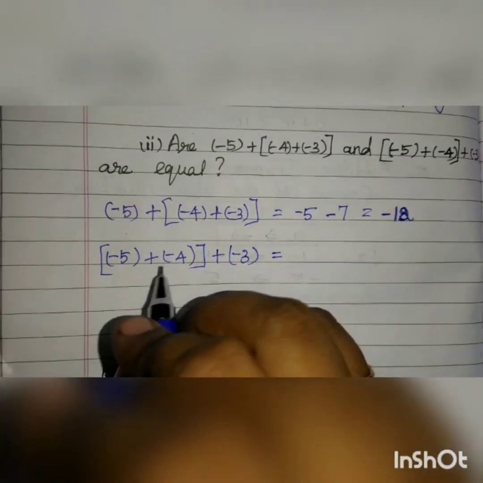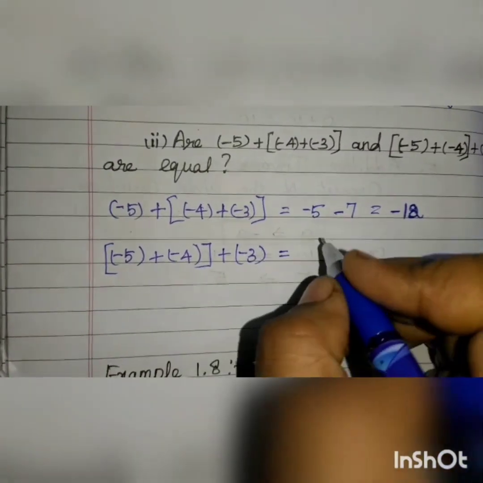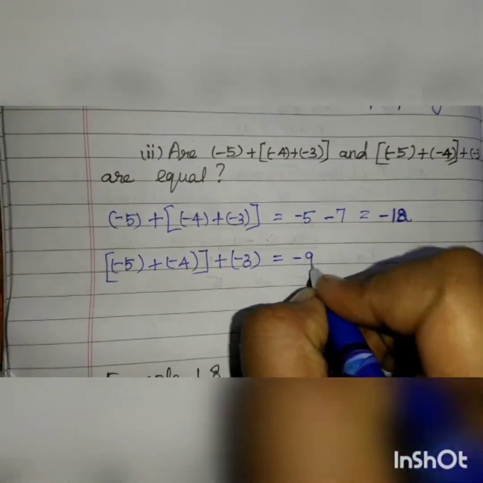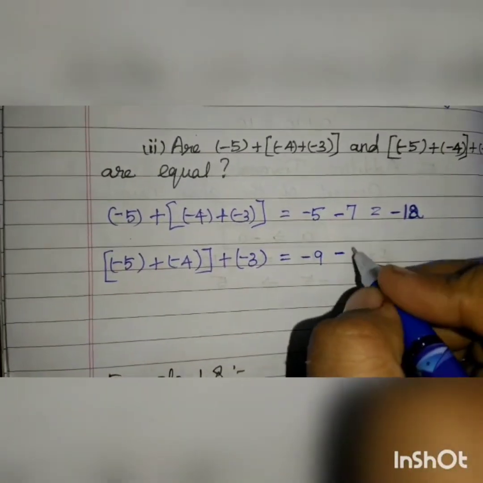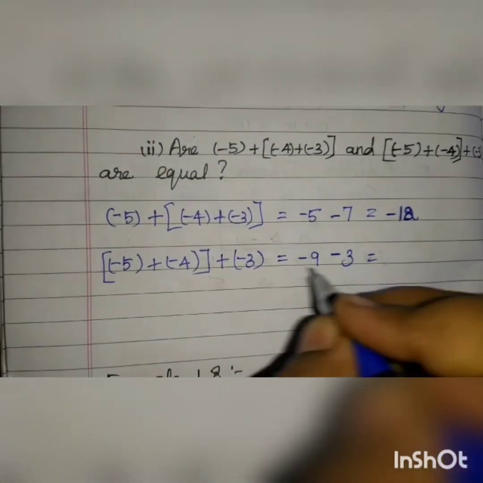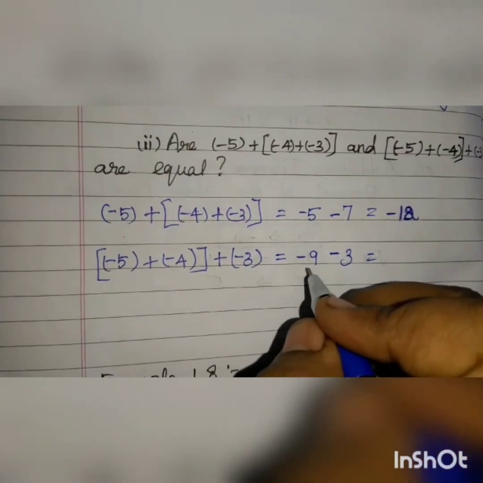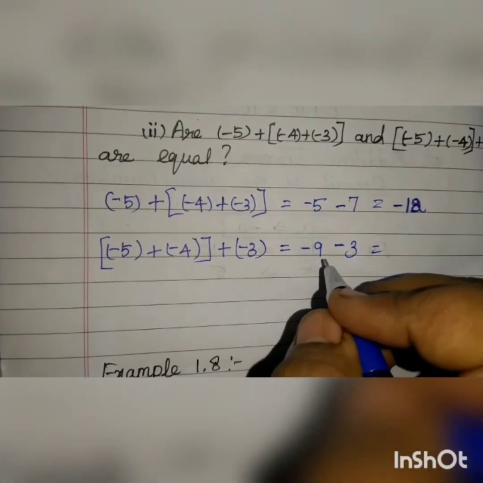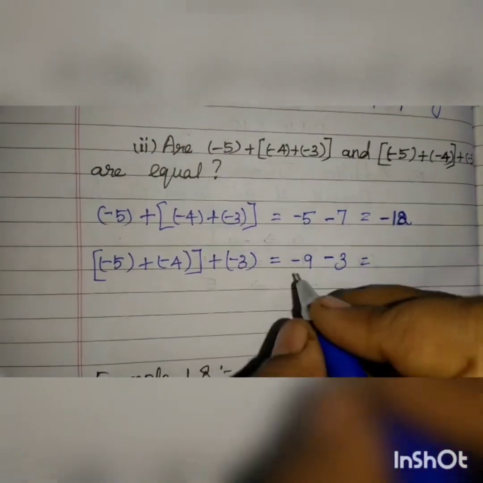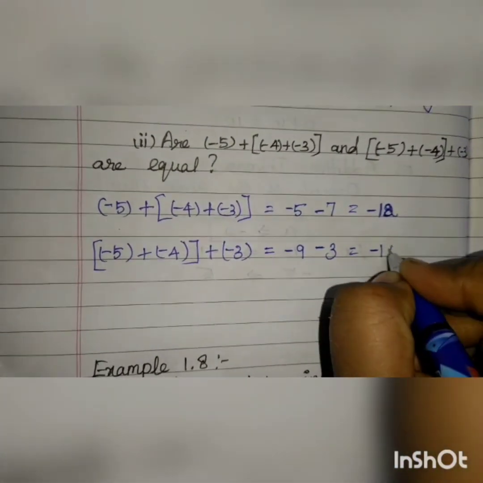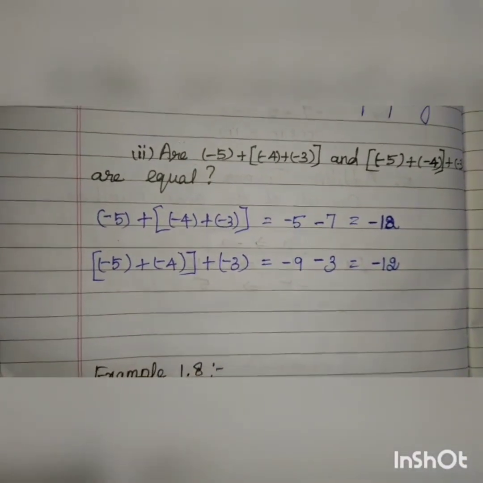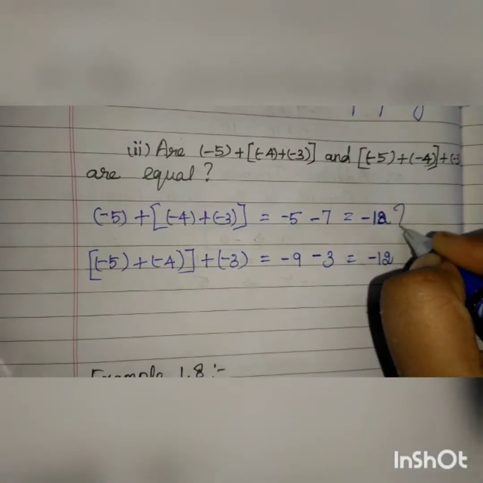First we should add these two. So minus 5 minus 4, we will get the answer minus 9. After this minus 3. So minus 9 minus 3, both the numbers are negative, so we have to add it. 9, 10, 11, 12. The bigger number is 9, and before 9 minus is there, so minus 12. Okay, are you clear?